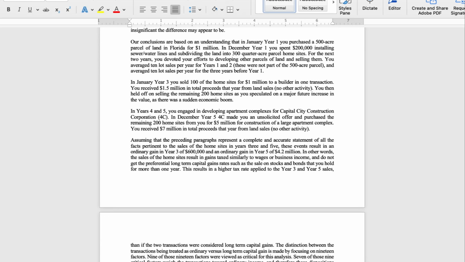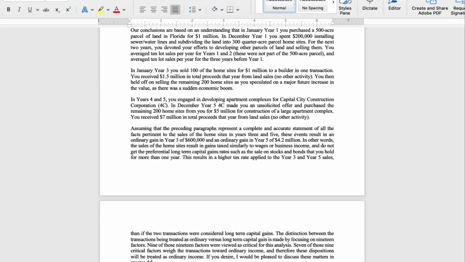So now what we need to do is finish this off by saying, and again, this is what I always do, if you desire, I would be pleased, again, you want to put very friendly, cordial language in there, make it not as harsh. So again, with this legalese: I would be pleased to discuss these matters in greater detail.